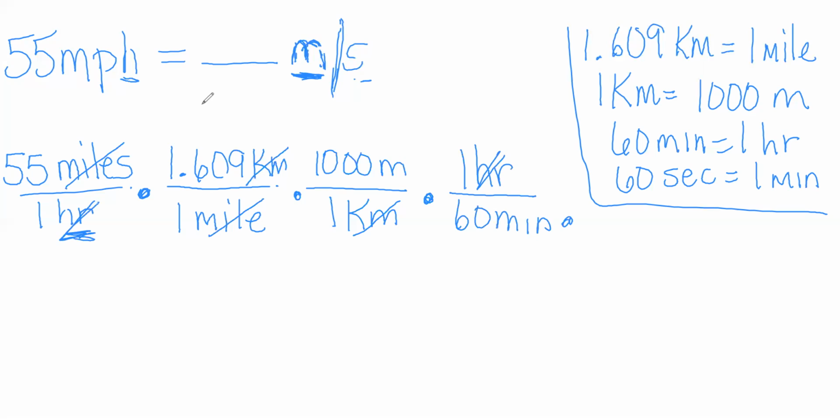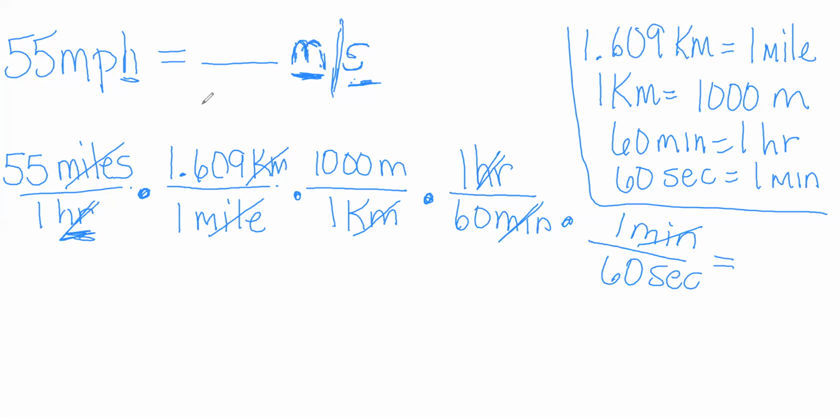Now we've got to get rid of minutes because we need to get to seconds. Our minutes is on the bottom here, so we're going to put our 1 minute on the top for the next fraction. And we said that's equal to 60 seconds. That allows us to cross those off. And now we've actually reached our time unit, which was seconds. So we're good on that one.